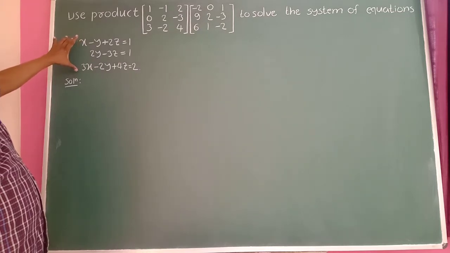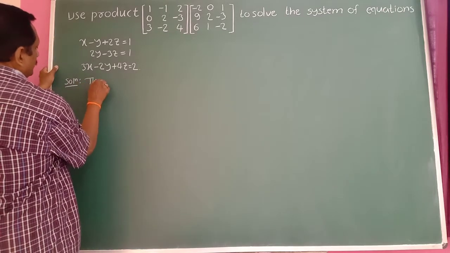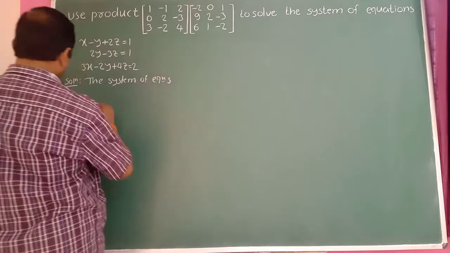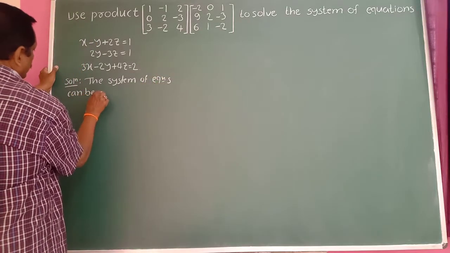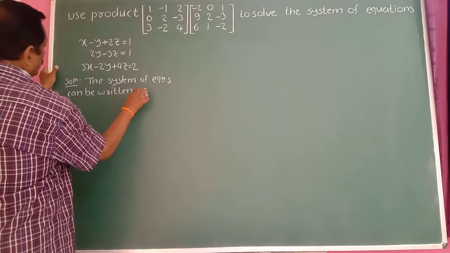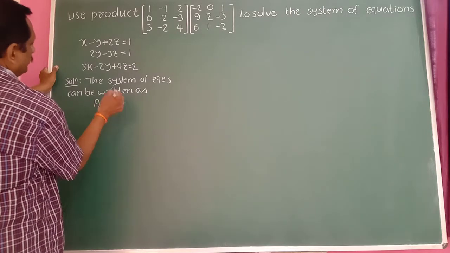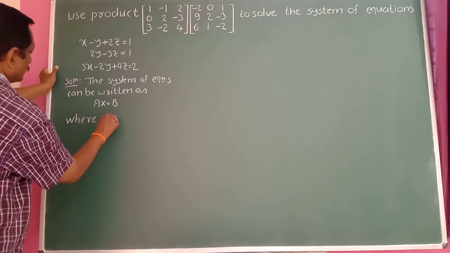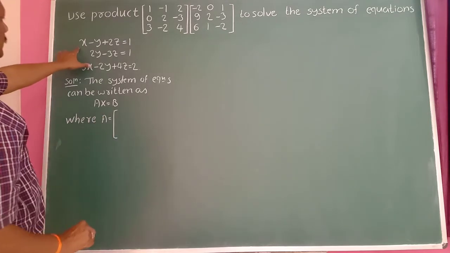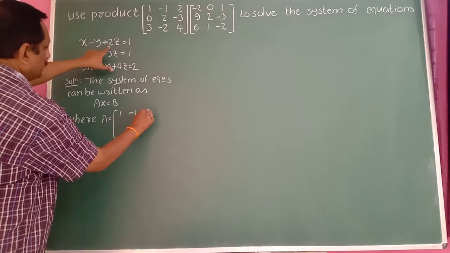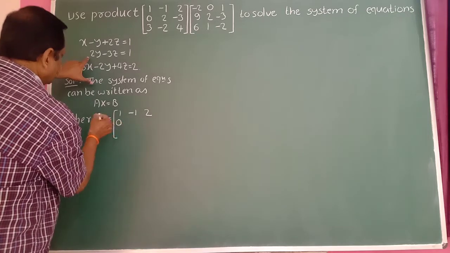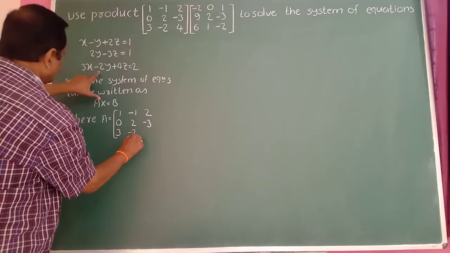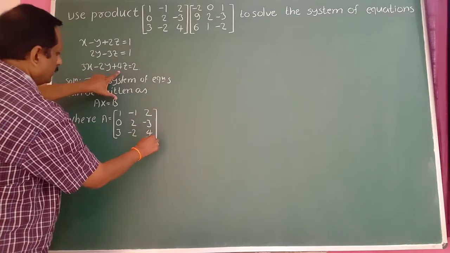So these linear equations can be written as A x equals B, where A is the matrix 1, minus 1, 2, then 0, 2, minus 3, then 3, minus 2, and 4.